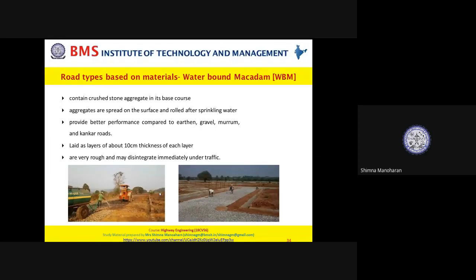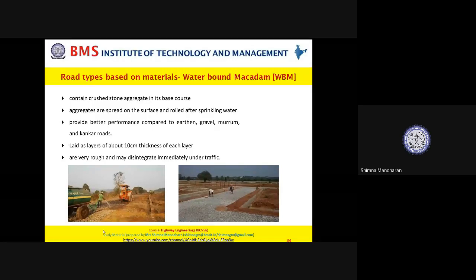This typical construction you might have seen. On the road, you have the subgrade soil, then the subbase. Over that, aggregates are placed. These aggregates are spread after leveling, and after the leveling, it's rolled, by sprinkling some water. These have better performance compared to the four previously discussed roads, that is earthen road, gravel road, Muram and Kankar road. These are typically laid at a thickness of 10 centimeter and are very rough but may disintegrate immediately under traffic.